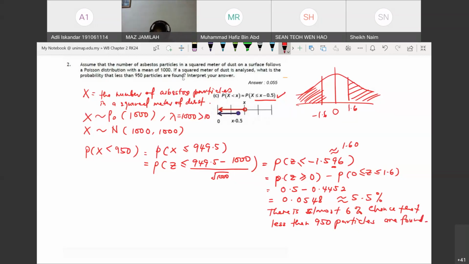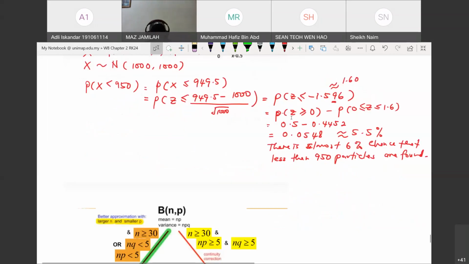That's how we interpret. Or if you wish to put it in terms of likely or unlikely, the event that less than 950 particles are found is unlikely to occur, due to the very small probability.